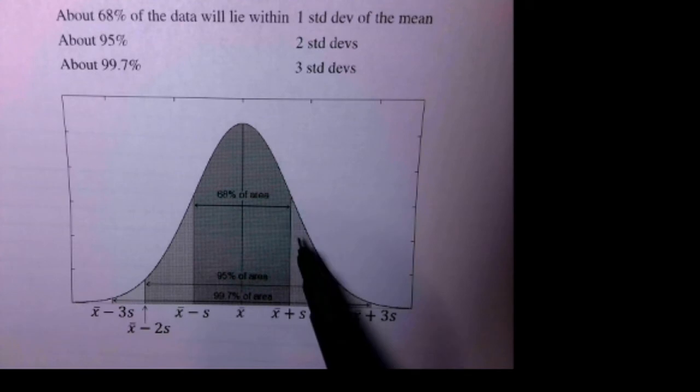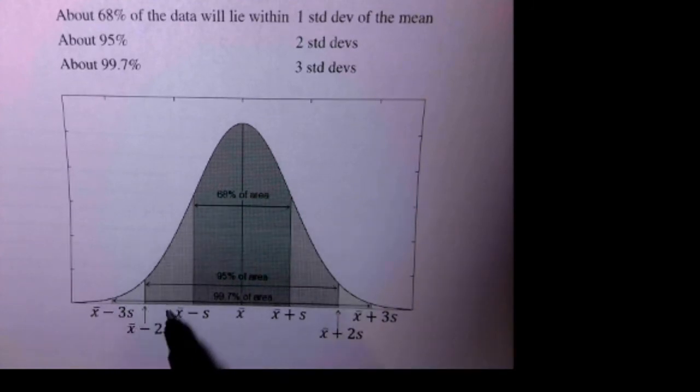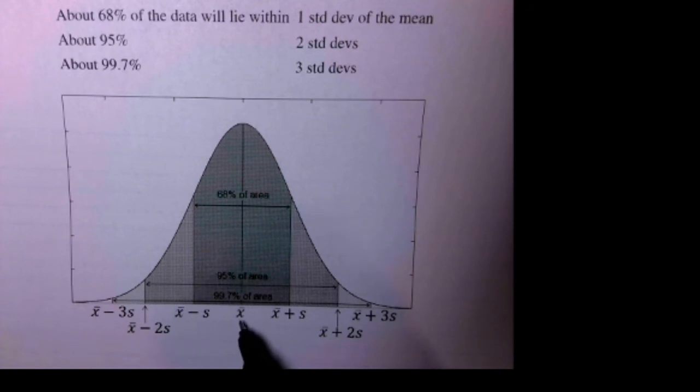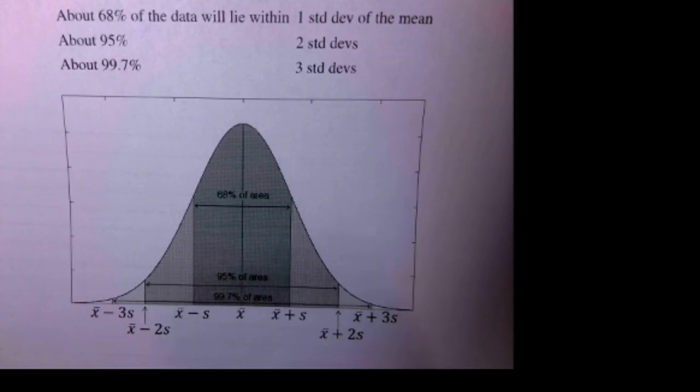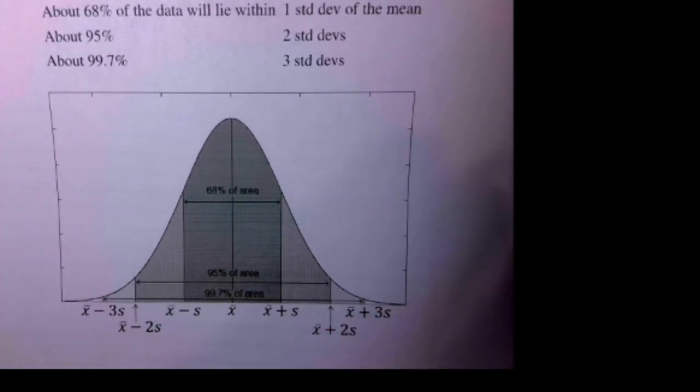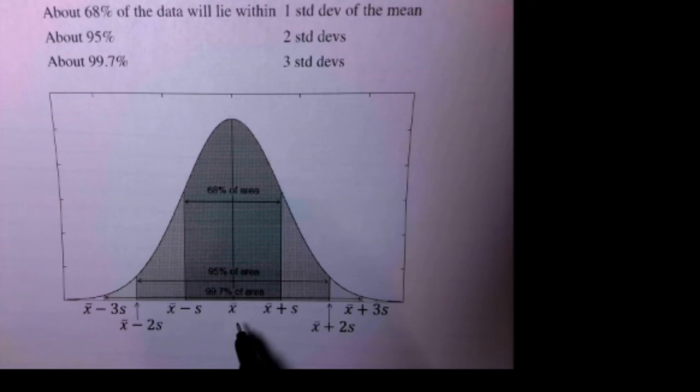And here's the normal distribution for our data. Our data is, of course, these values along the x-axis here. And you can see this is drawn in using x bar and s rather than mu and sigma, because this is for sample data. X bar, of course, is the mean.